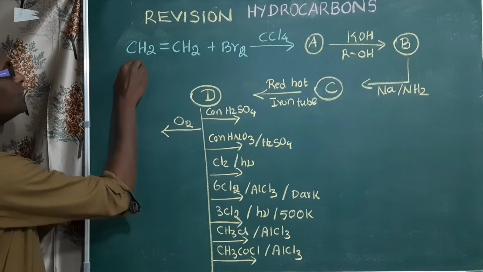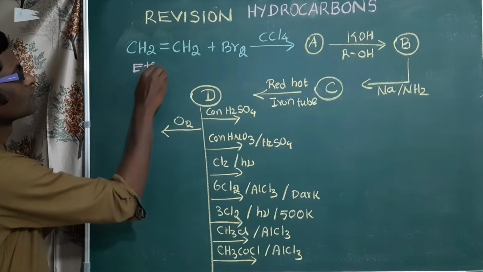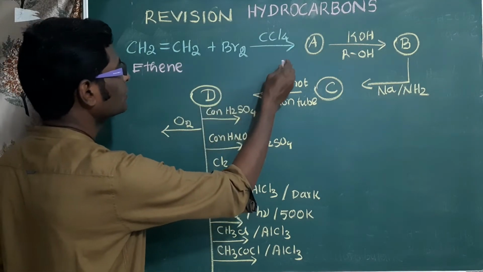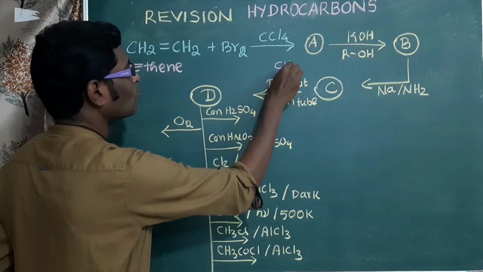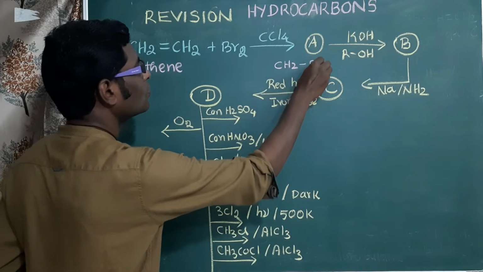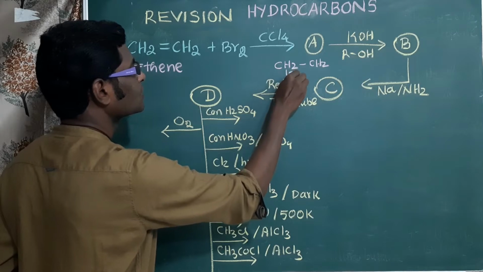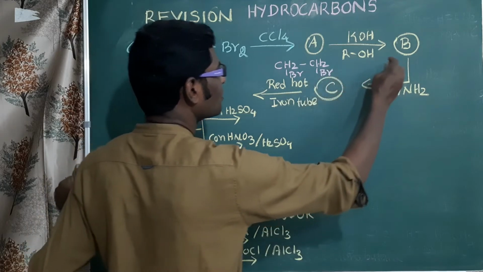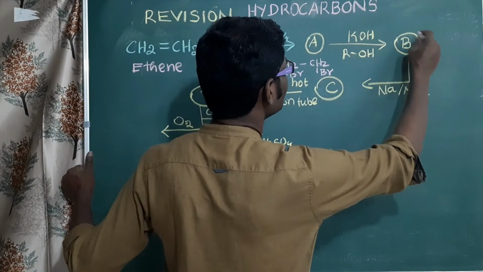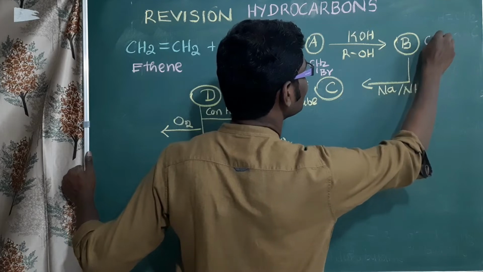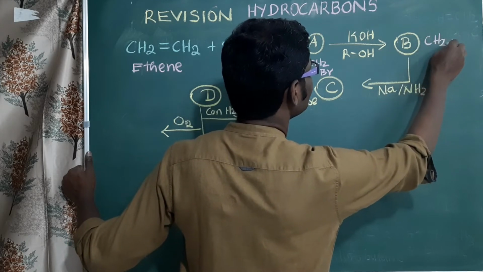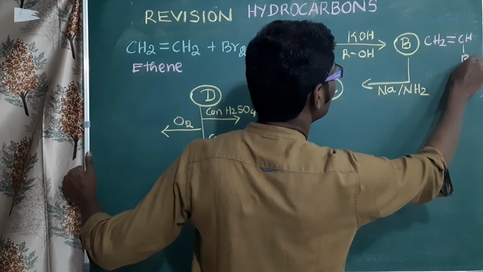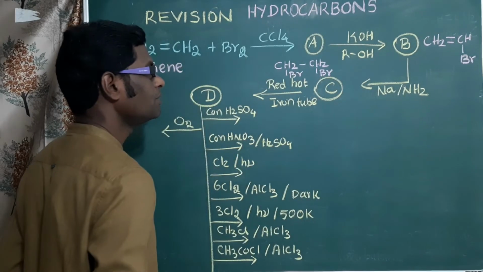Started from ethene, treated with bromine in the presence of carbon tetrachloride, we will get 1,2-dibromoethane. So compound A is 1,2-dibromoethane. This 1,2-dibromoethane treated with alcoholic KOH gives CH2 double bond CHBr, bromoethene, by elimination.